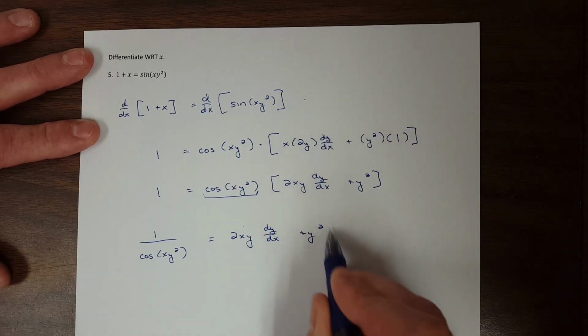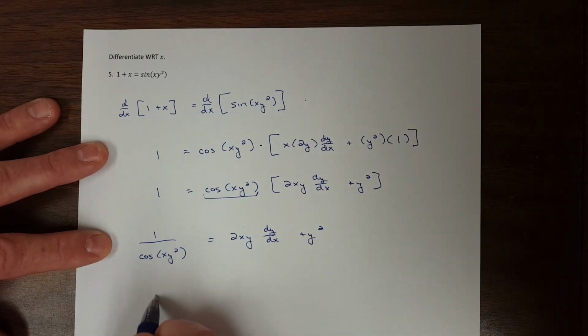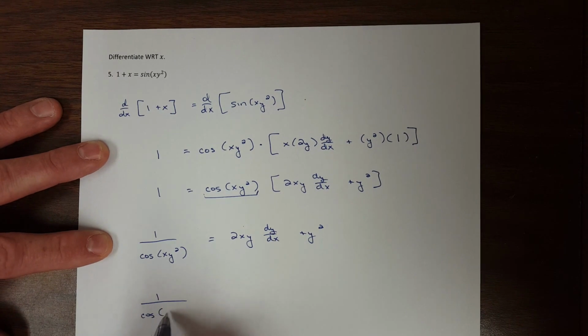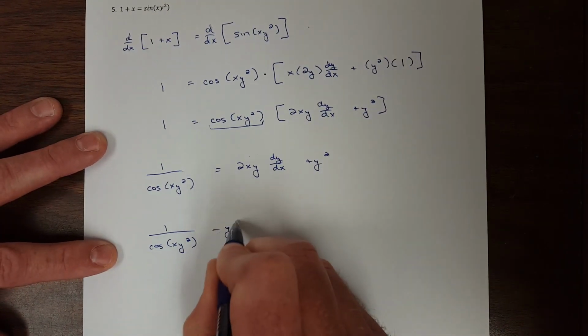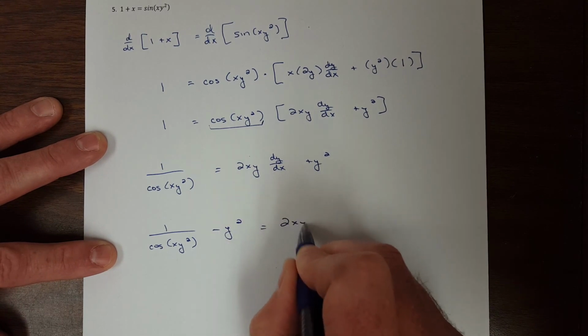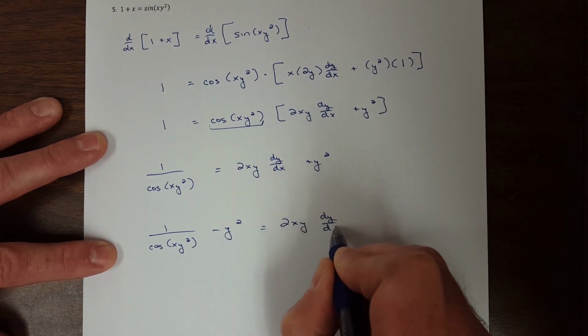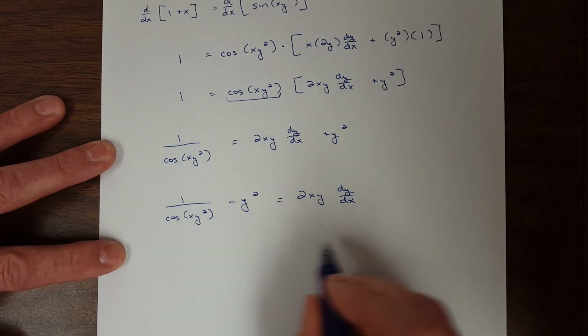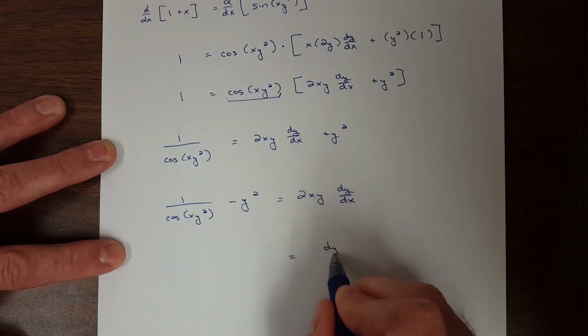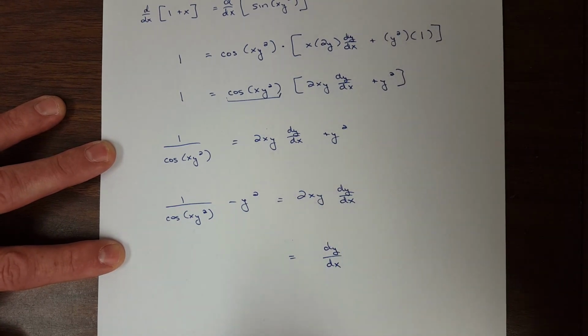and the next thing we're going to do is subtract this term. So we have and the last thing we have to do is divide by 2xy. So over here we'll have what we wanted, our first derivative.